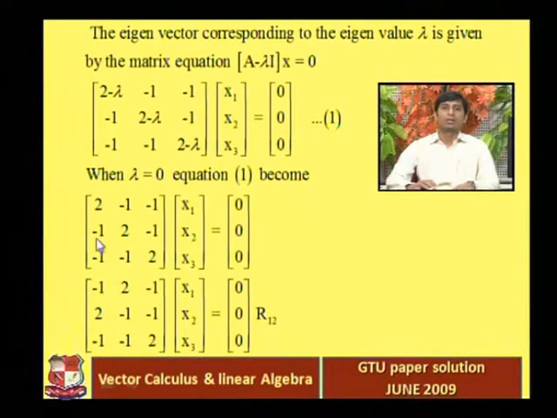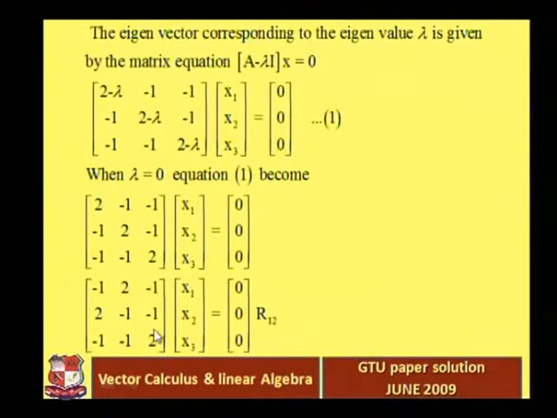Again we have to convert this matrix into a row echelon form, so we interchange the first and second row, R12, that is our first process. So the second row becomes first and first row becomes second now. Minus 1 2 minus 1, 2 minus 1 minus 1, minus 1 minus 1 2, into x1, x2, x3, that is equal to 0 0 0.